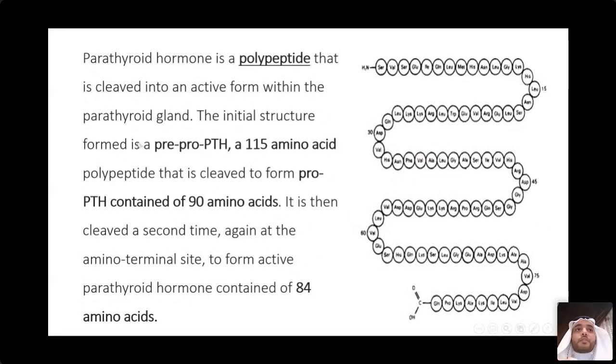The initial structure formed is pre-parathyroid hormone, a 115 amino acid polypeptide that is cleaved to form a parathyroid hormone consisting of 90 amino acids, and is then cleaved a second time at the amino terminal site to form active parathyroid hormone consisting of 84 amino acids.